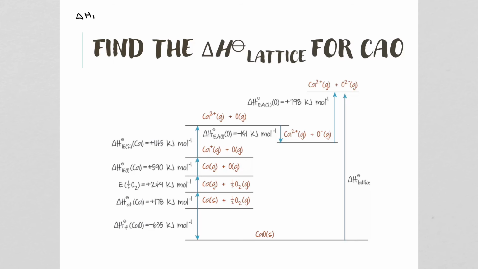So the lattice enthalpy is equal to 178 plus 249 plus 590 plus 1145 plus negative 141 plus 798 and then minus negative 635.